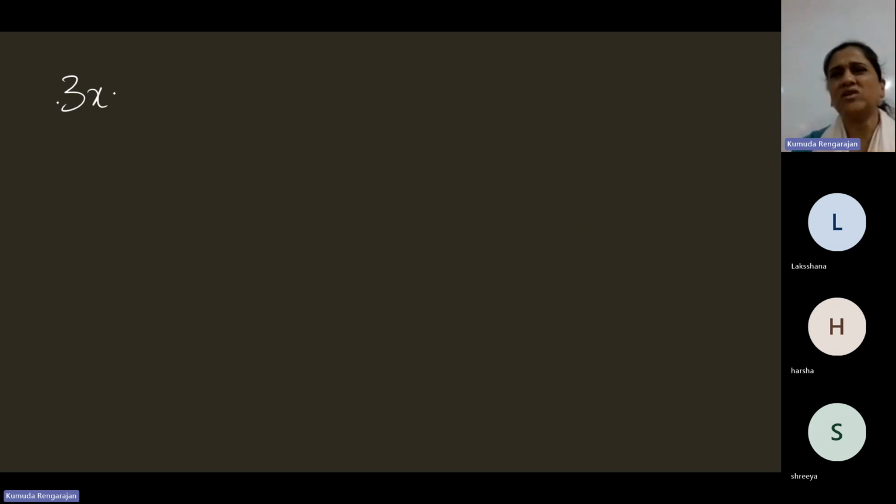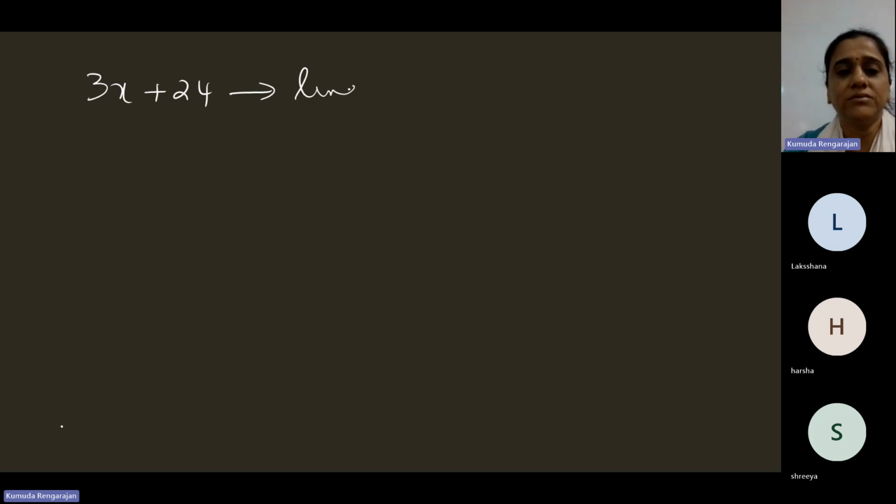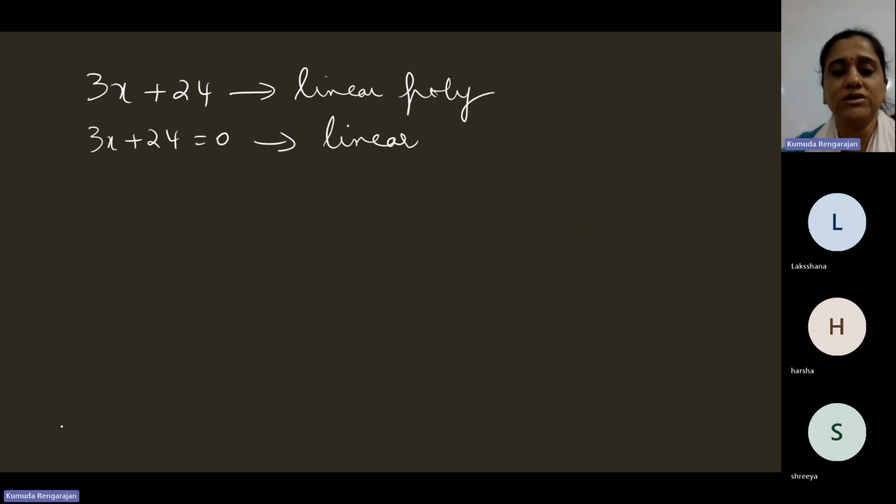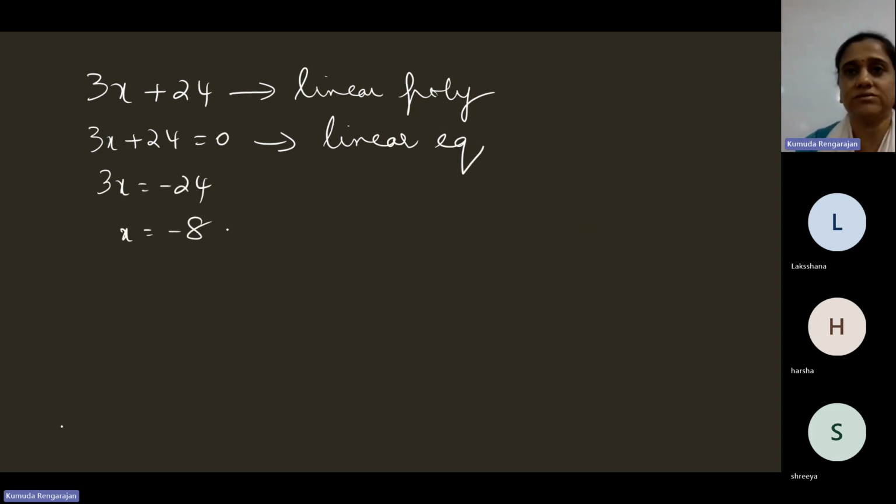You can take anything, but we'll not spend time with fractions and all that. 3x plus 24 is a linear polynomial. Now 3x plus 24 is equal to 0 is a linear equation. Now let's solve this linear equation. 3x is equal to minus 24, x is equal to minus 8.